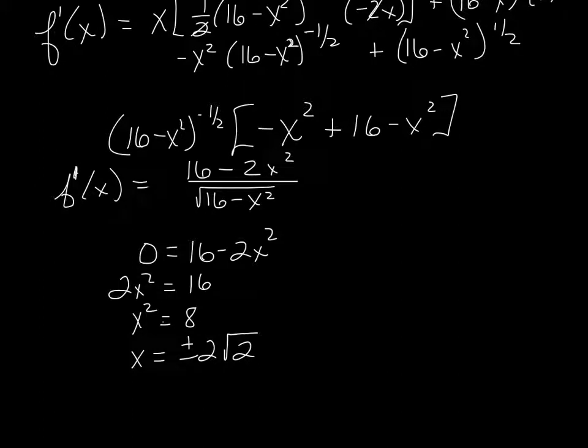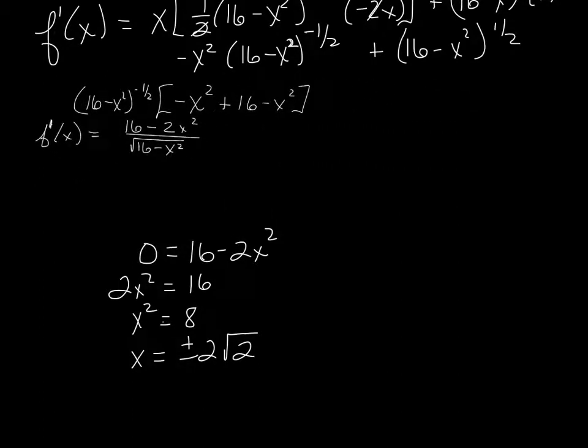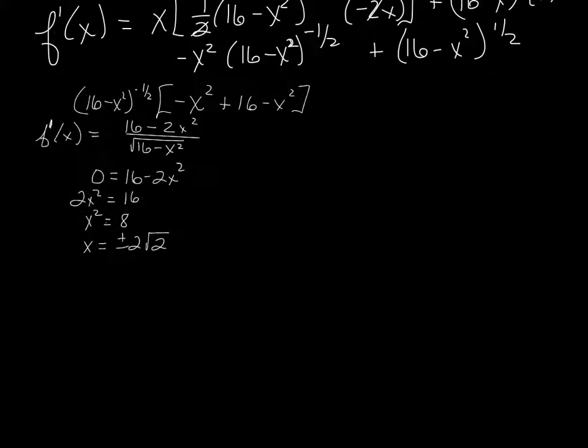All right, so let's see how we can determine where we're increasing and where we're decreasing. Going to move this out of the way. Our critical numbers then are plus or minus 2 square roots of 2. We're going to set up intervals to check. It's kind of like what we did last year when we looked at quadratic inequalities. We're going to start at negative 4 and go to negative 2 square roots of 2.